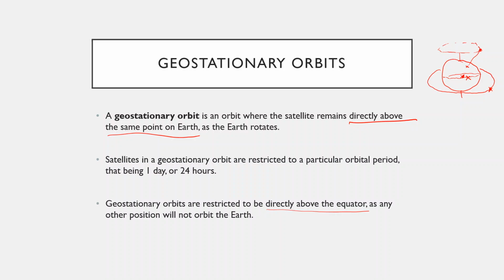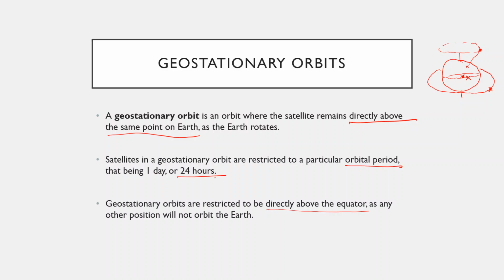Because it's always above the same point, and a point will return to its original location once every 24 hours, that means this satellite is orbiting the Earth once in 24 hours. So its orbital period is 24 hours.